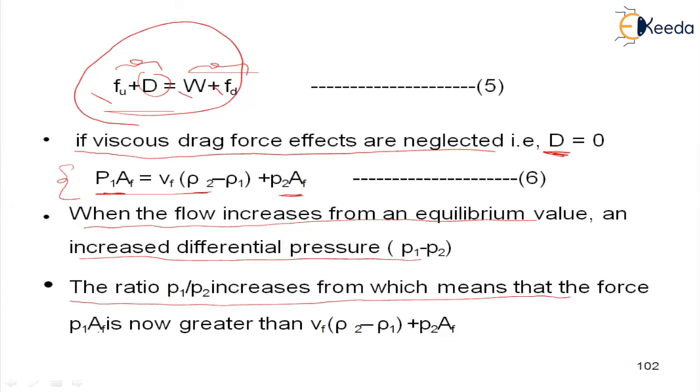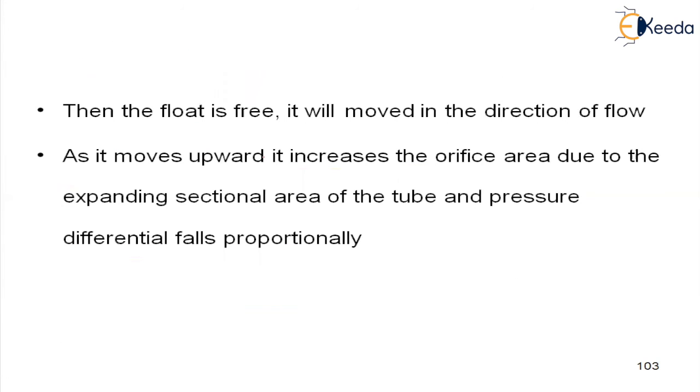This means that whenever the fluid flow increases from the null position, because of that differential pressure the ratio of P1 by P2 increases, so this particular parameter is now always greater than the complete other parameter, my dear students. Now automatically the float is free, and it will move in any direction.